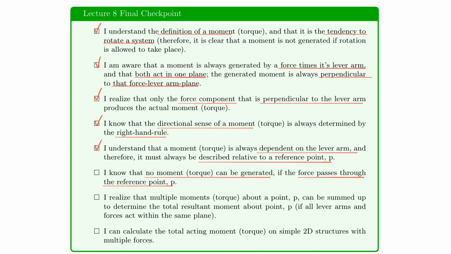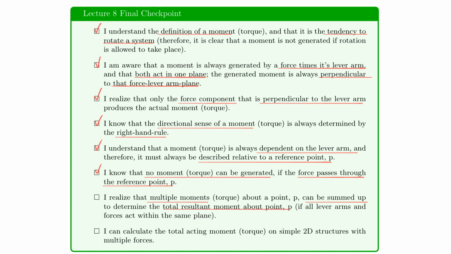But if that is the case, if your force passes through the reference point, then you do not have a moment or a tendency to rotate, really, and therefore no moment. Furthermore, we understand that a moment system can be generated by multiple moments, and I can sum them up to determine the total resultant moment about a point.